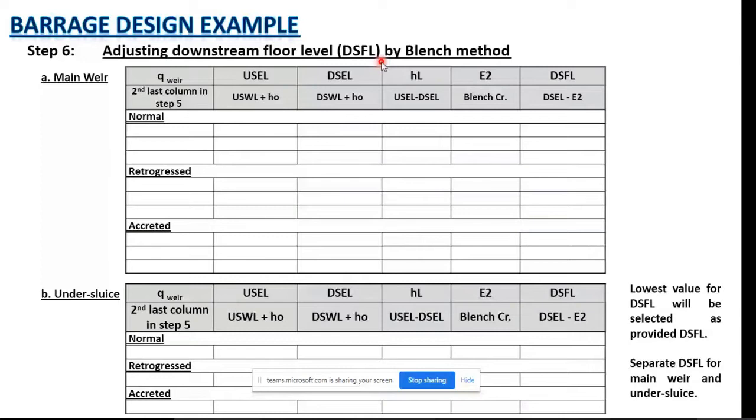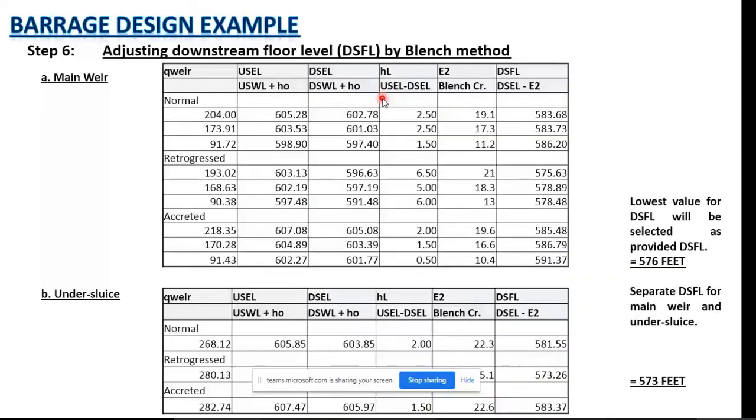The purpose of using three different methods is to apply a check. We'll set a downstream floor level by the Blench method, and we'll check whether the provided downstream floor level is okay or not by the rest of the two methods, the Crump's and conjugate depth methods.